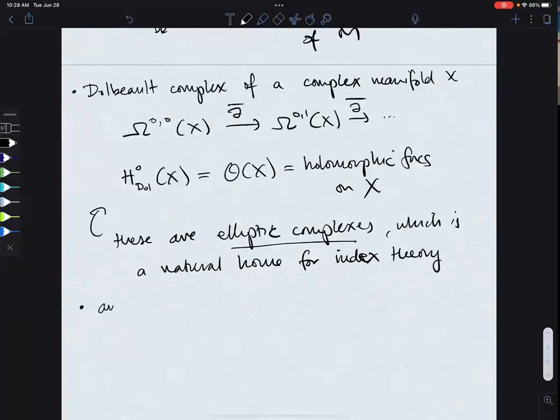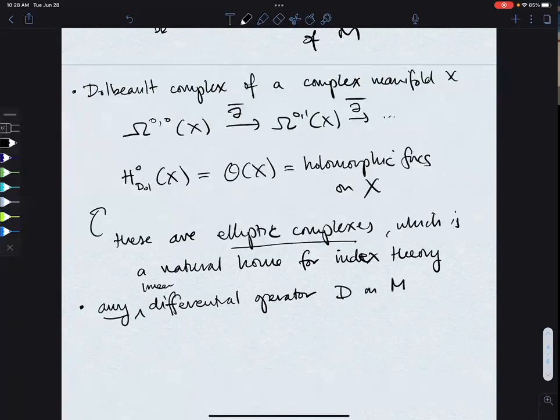But let me point out that any linear differential operator D on a manifold M gives you a two-term complex. If you want to be really silly about it, there's a bunch of zeros.